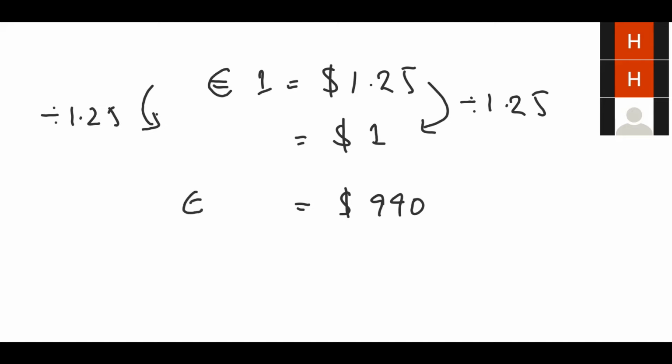So it would become 940 divided by 1.25, and whatever answer you get is going to be your euros. Your 940 dollars converted into euros. All right. Okay. So this is a very simple concept of currency conversions. There's no more in this topic. This is just a simple little topic that was included in your syllabus.